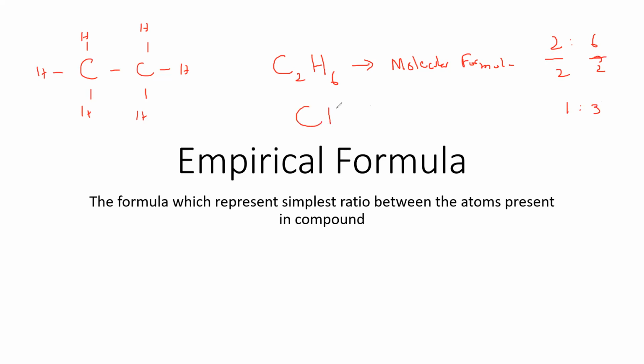When I write the formula in the simplest ratio, what will I call that formula? I will call it the empirical formula. So the formula which has the simplest ratio of the atoms is called the empirical formula. The formula which has the actual number of atoms is called the molecular formula.